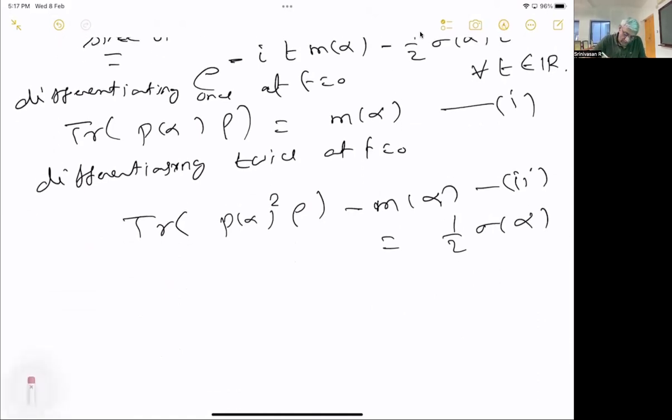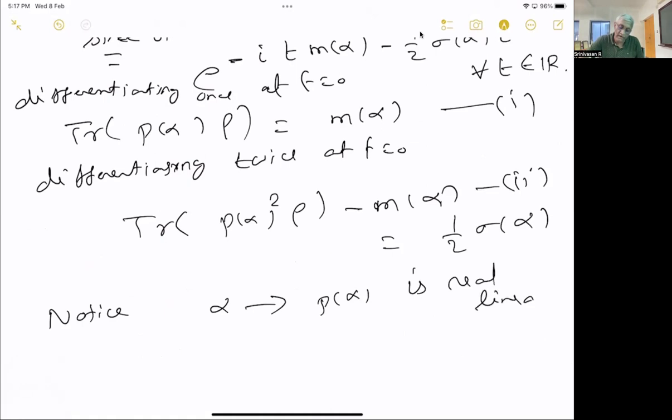Now notice, in the differentiation, alpha going to P(alpha) is real linear. It's not complex linear. You should know that the annihilation operator is conjugate linear and the creation operator is complex linear.